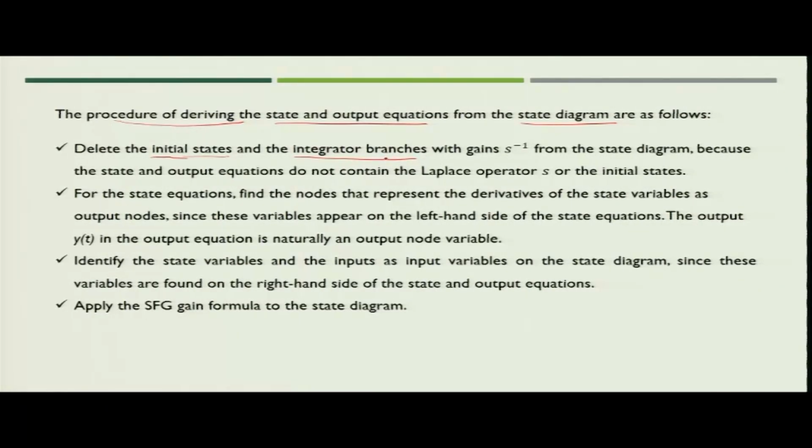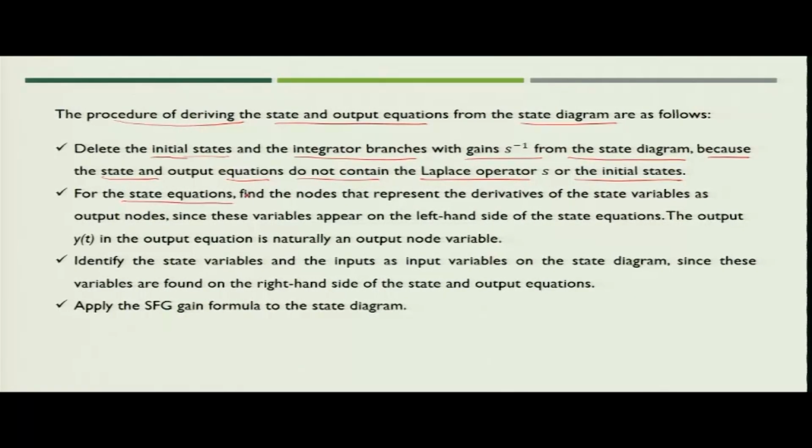We also remove the integrator branches which have gain 1 by s from the state diagram. Why do we remove them? Because the state and output equations do not contain the Laplace operator s or the initial states. So, that is why we remove these two components from our state diagram.